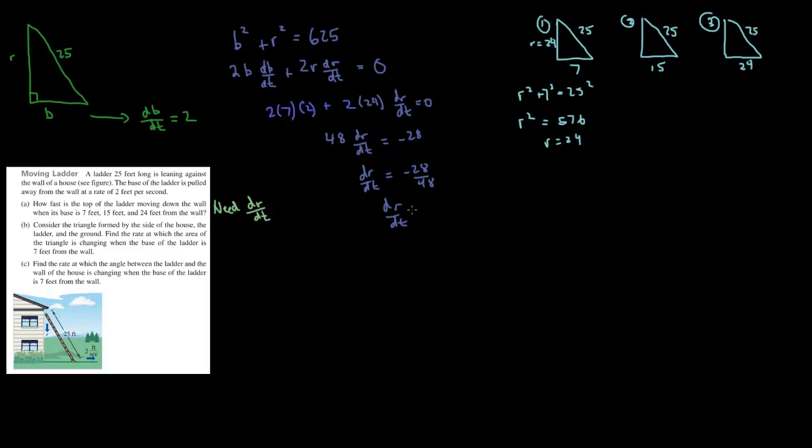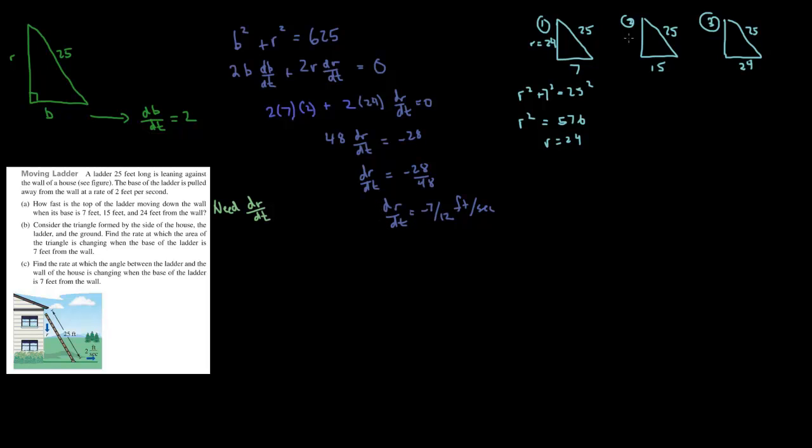Those are both divisible by 2, giving 14 over 24, and both divisible by 4, so negative 7 over 12. Now what are our units? We're working in feet and seconds, so feet per second. It does make sense that this is a negative number because the top of the ladder is moving down the wall.